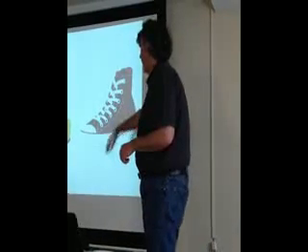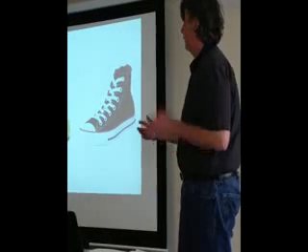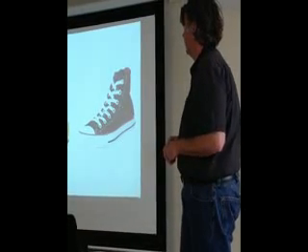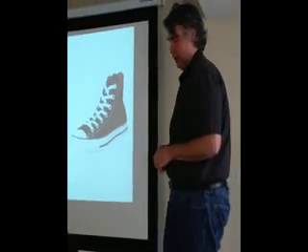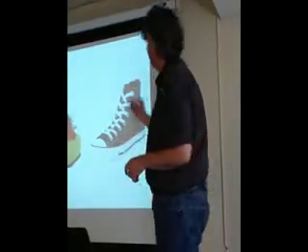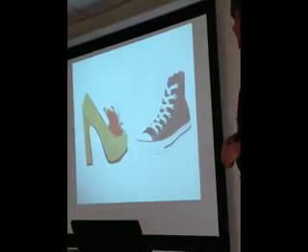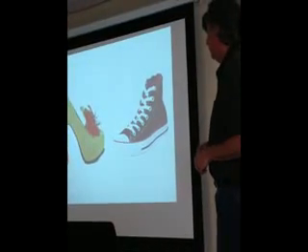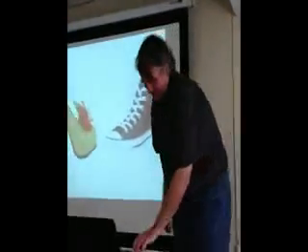The Converse have been around since 1917 in one way or another, and that might have to do with authority, that they're a sneaker that's been around a long time. Currency, again: are you going to party with your high heel platforms, or are you going to Williamsburg, Brooklyn with your Converse All-Stars?